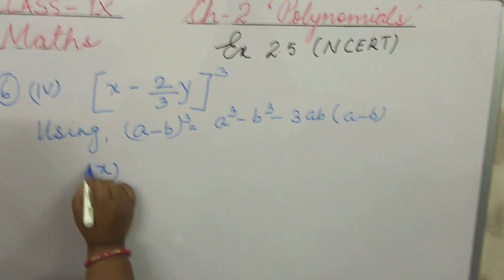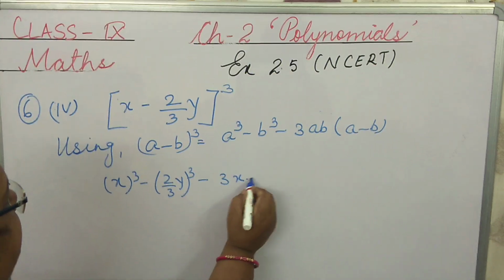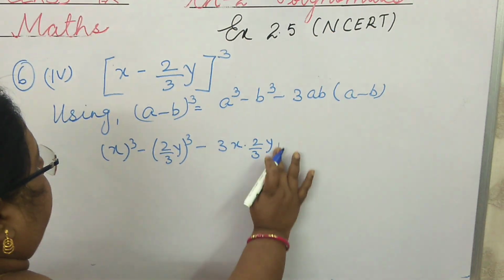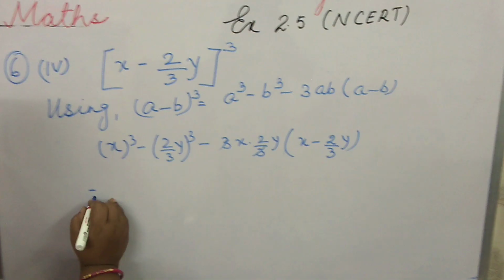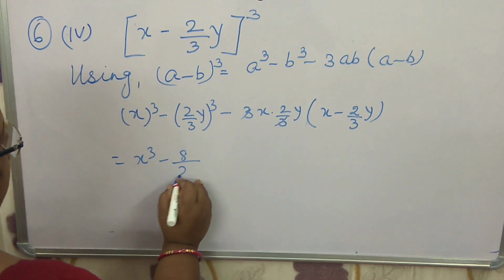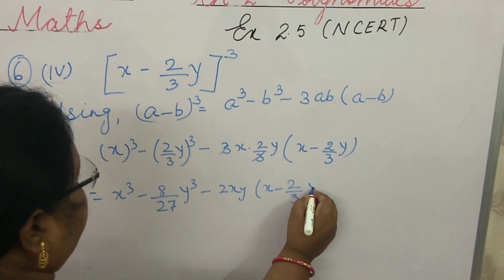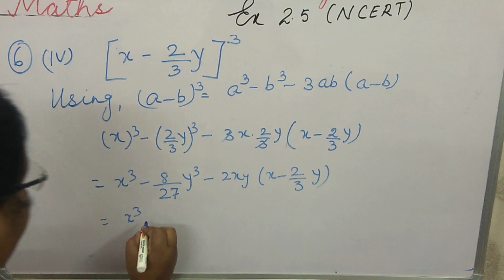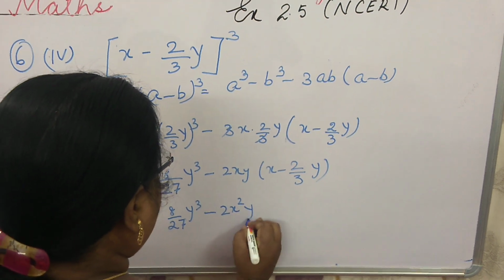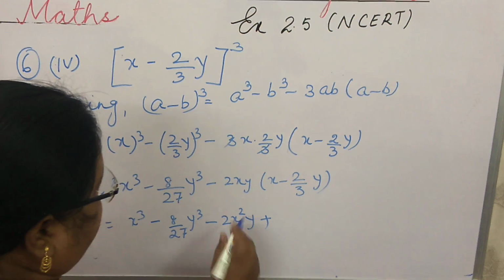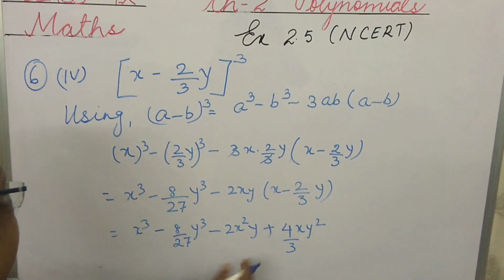Here a is x and b is 2 by 3 y, minus 3x into 2 by 3y into x minus 2 by 3y. 3 gets cancelled, equals x cube minus 8 by 27 y cube minus 2xy into x minus 2 by 3 y, which is x cube minus 8 by 27 y cube minus 2x square y, minus becomes plus, so 4xy square by 3. So your answer is this one.